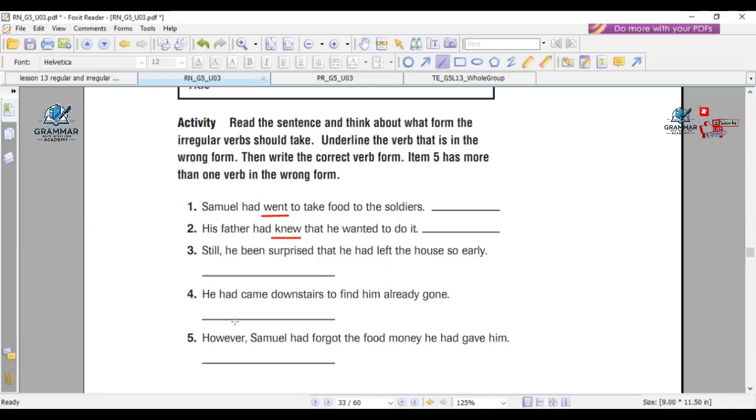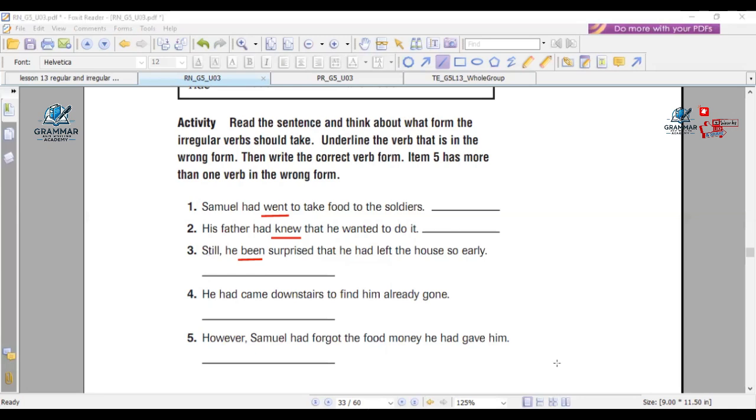No. So see, don't add a helping verb. If you have a main verb, use it. This is the main verb, right? It doesn't have to be like that. Why? Because there is no had before it, or have, or has. So we have to get it back to the second form, the past form, I mean. So that was he was. He was, exactly. He was surprised that he had left the house so early. You got the point? Thank you so much, Ibrahim.